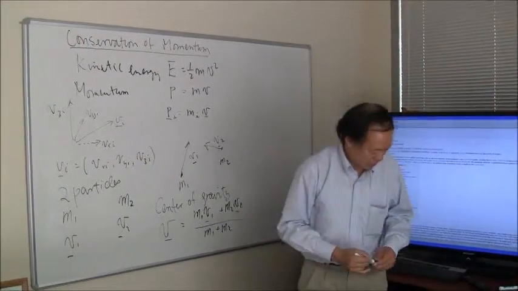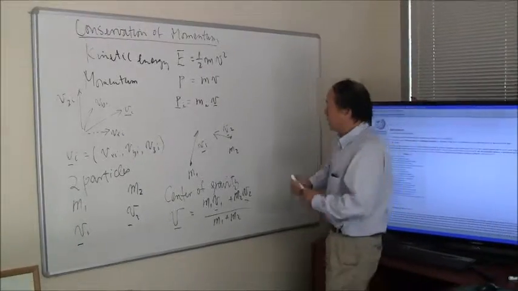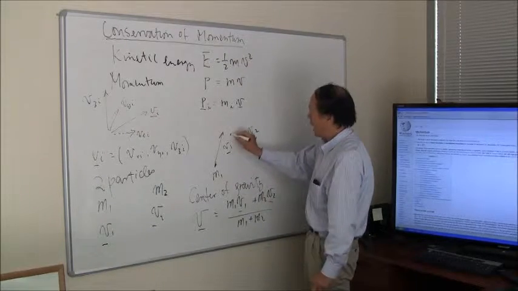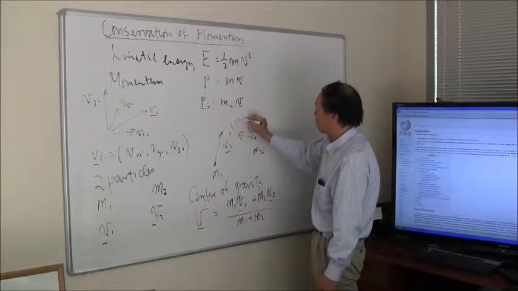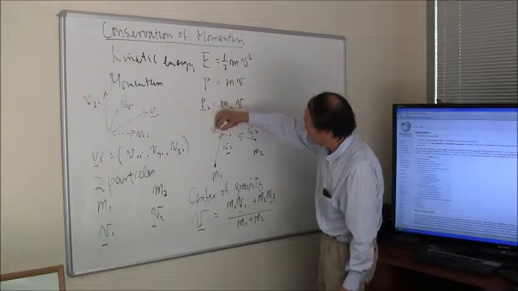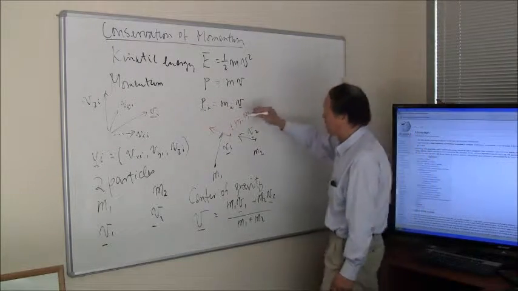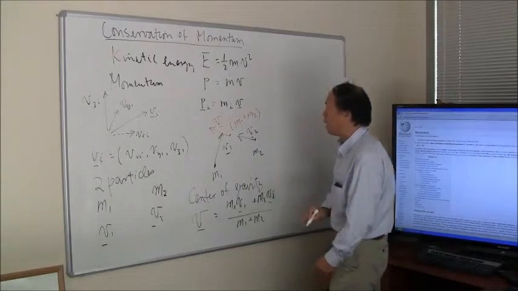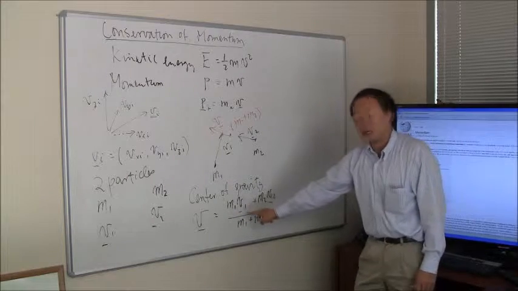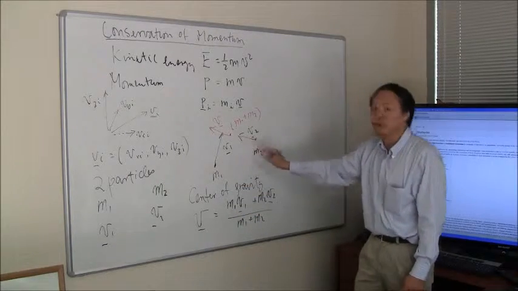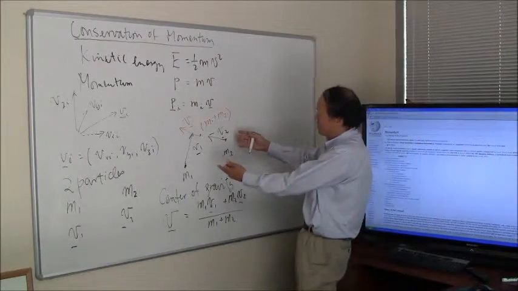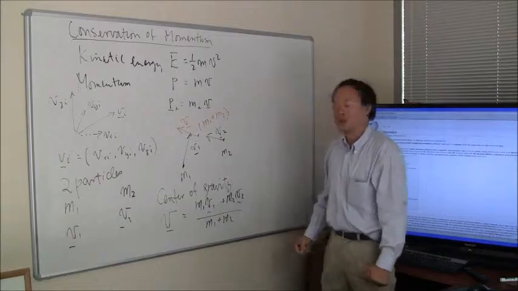So you can say the combination of these two particles is a joint mass of m1 plus m2, moving with a velocity v given by a linear combination of the two vectors v1 and v2. That is the motion of the center of gravity of these two particles.